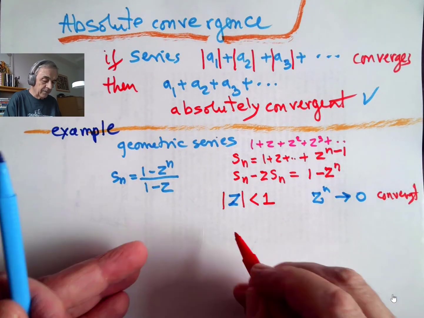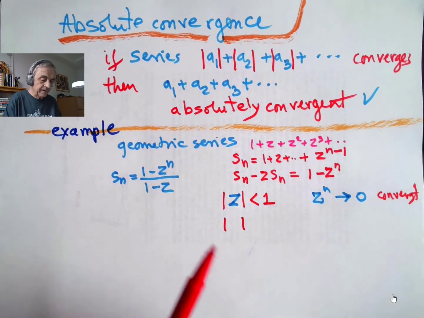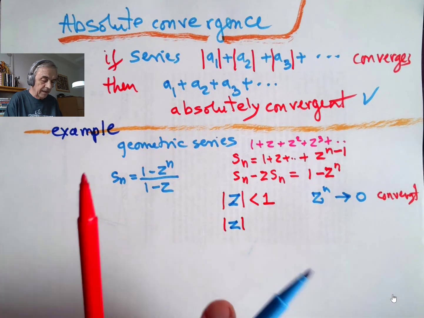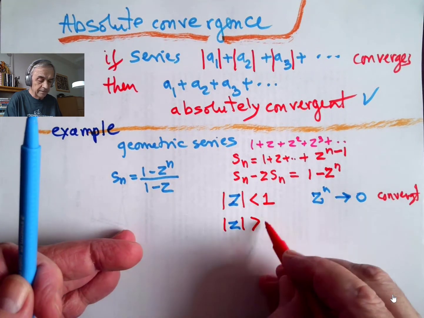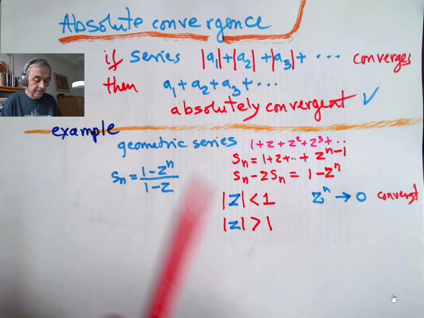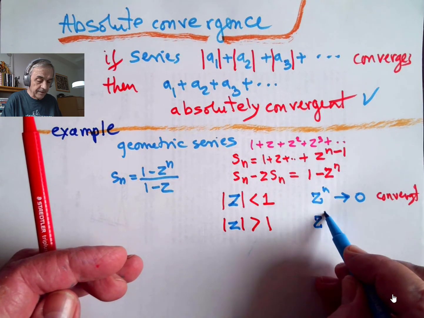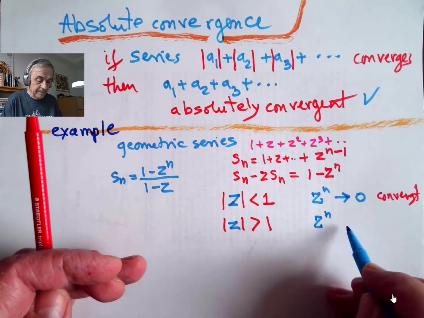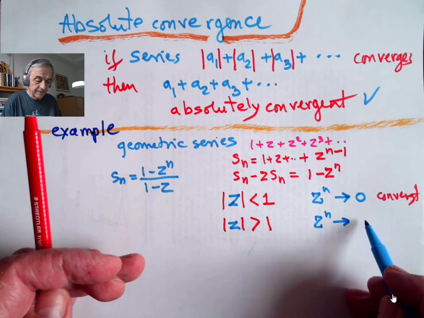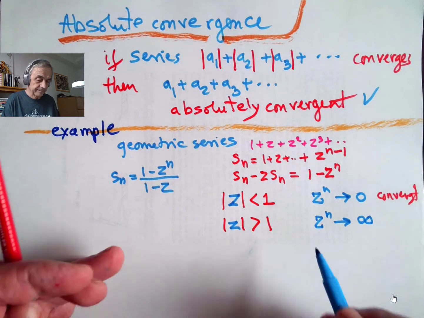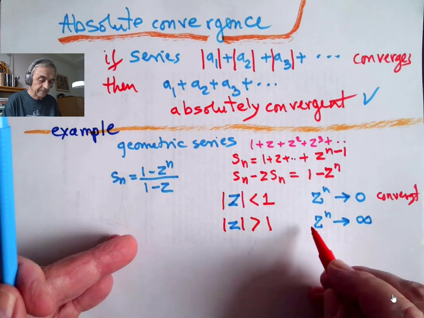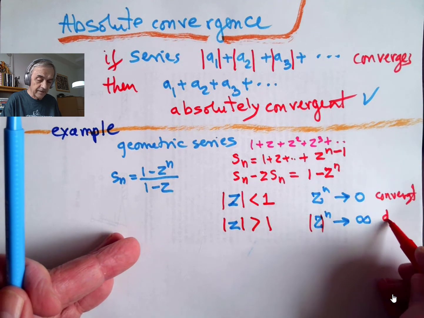And for z larger than 1, Sn is going off to infinity. So that's divergent.